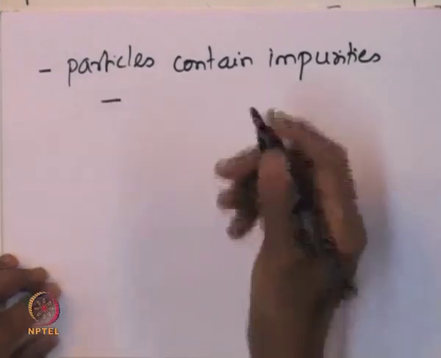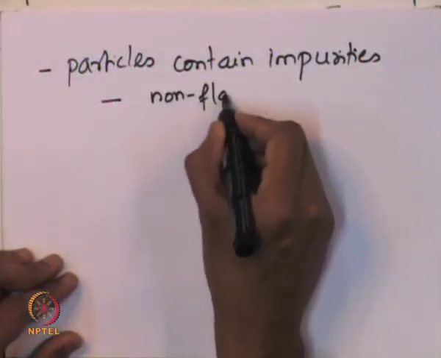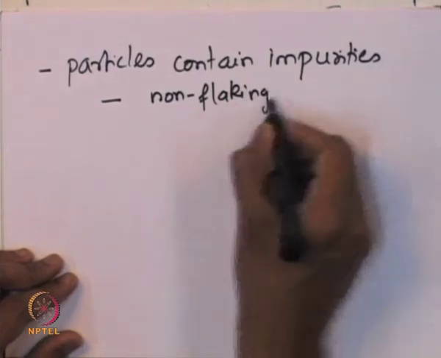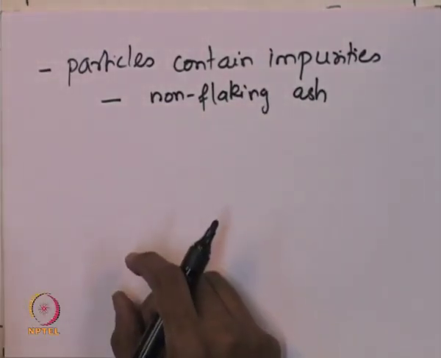So, after the reaction is conducted, these impurities continue to stay inside the solid core, and therefore, it preserves the shape and size of the solid core, and they remain as a non-flaking ash as the reaction proceeds.